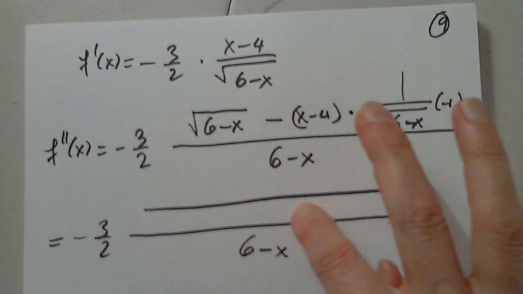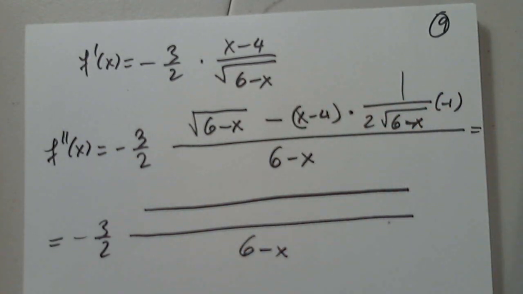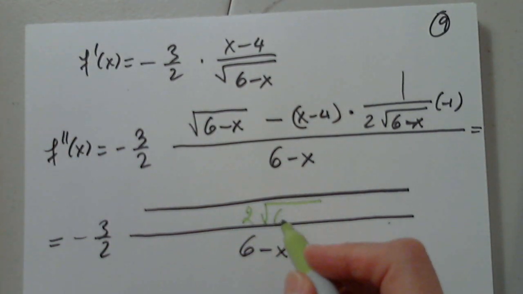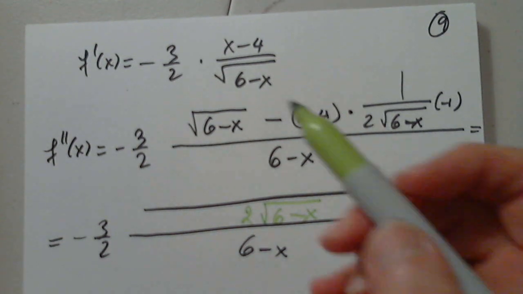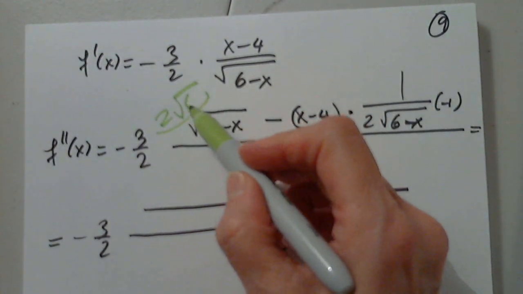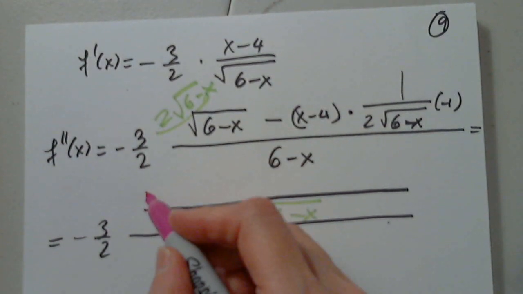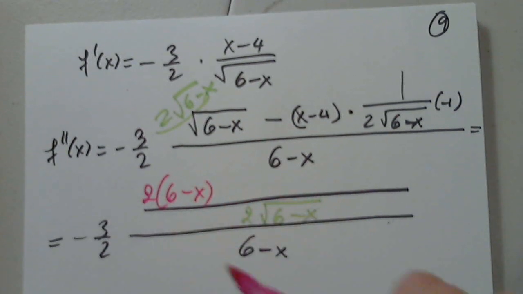I didn't hear the least common denominator. Well, we know there is only one. It's this, 2 the square root of 6 minus x. Like before, 2 the square root of 6 minus x. So then I have, again, 2, 6 minus x.